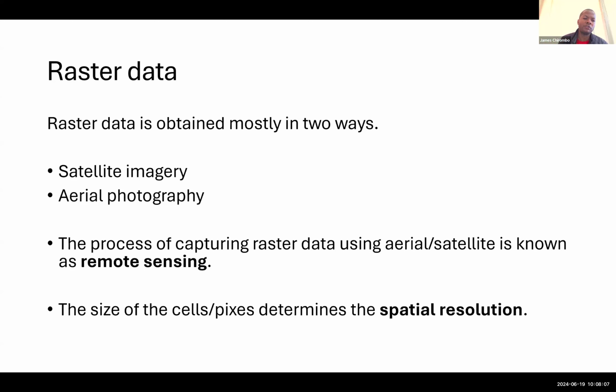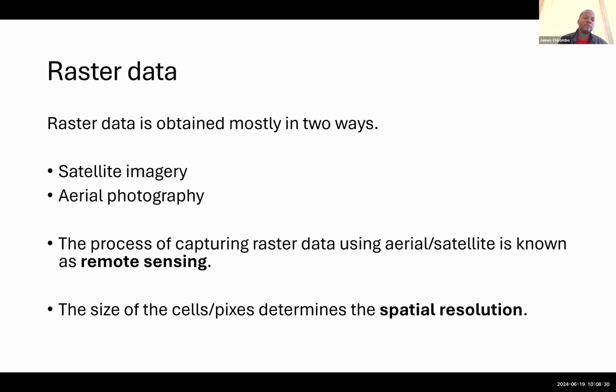You can also have aerial photography. This can be used, for example, with drones, where you have a high resolution camera attached to your drone, and you are flying it over a particular area, and you are taking measurements of the ground underneath according to what you want to capture.